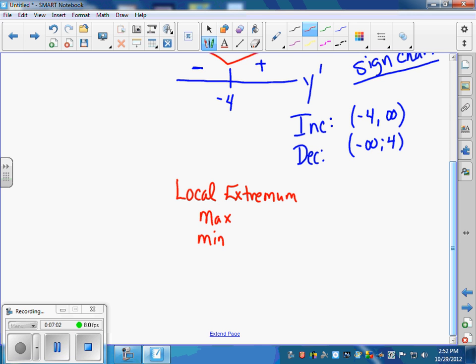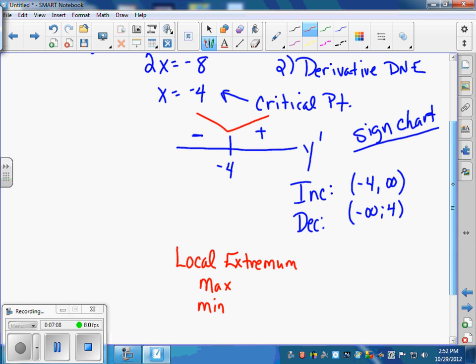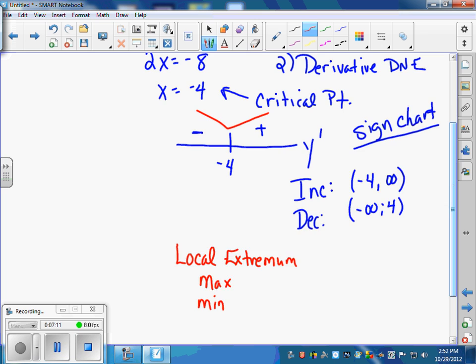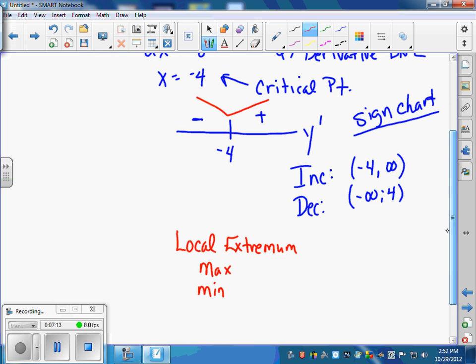A local maximum or a local minimum. Now remember, those are not the highest and lowest points in the entire graph. Those are just the points kind of in their neighborhood that are the highest and lowest points. So then this also has what we would call a local minimum, because it dips down and hits a valley there. So we have a local minimum at -4.